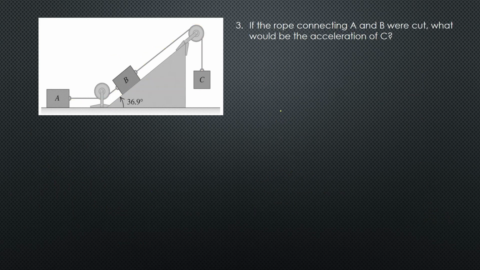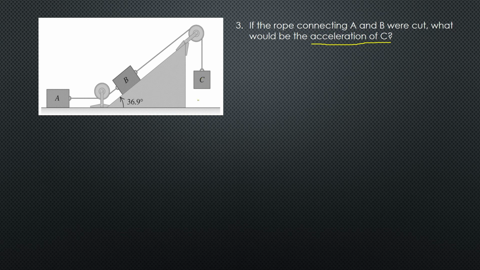And for number 3, if the rope connecting A and B were cut, what would be the acceleration of C? Now, if this portion is cut, okay, block B and block C are the ones connected. So the question is, possibly block B will slide, or if C weighs more, it will go down.